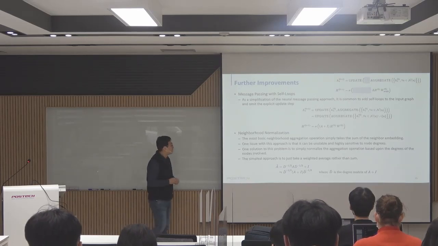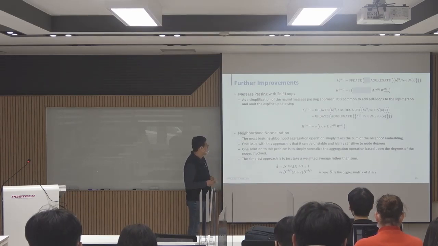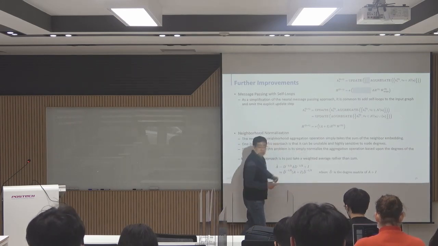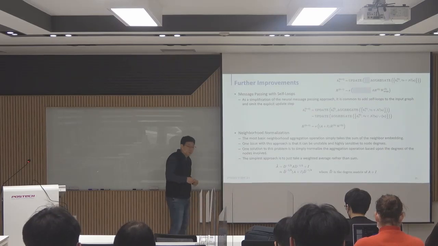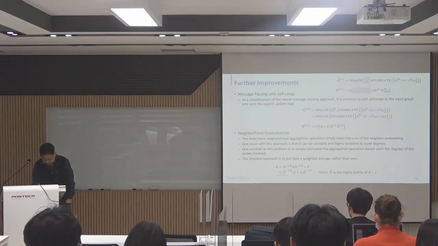So in order to avoid these kinds of issues, another solution we can think of is to simply normalize the aggregation. I showed how to normalize it, remember?